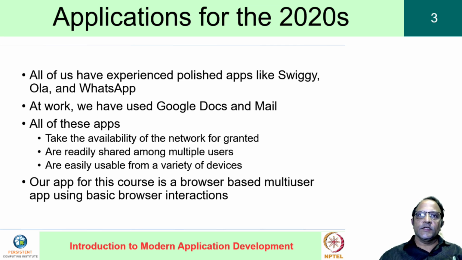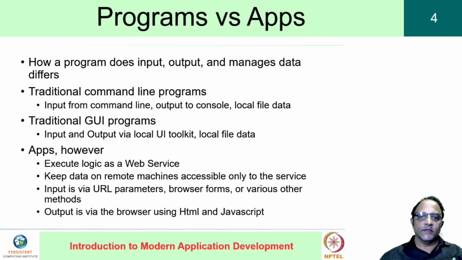Now that we have some definition of what we mean by a modern app, let us look in detail at the distinction between an ordinary program versus a modern app. We write programs in order to have some effect on the world around us. So, the ability to respond to input data and to produce output data is fundamental to any program.